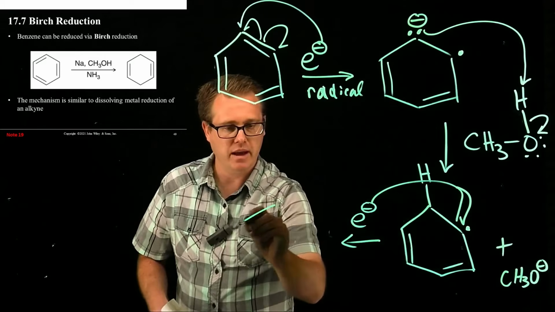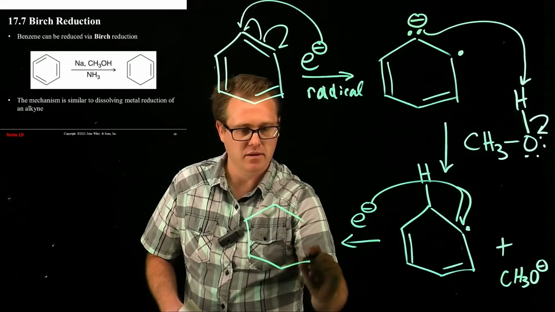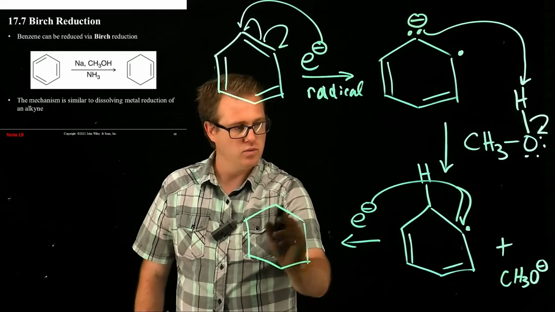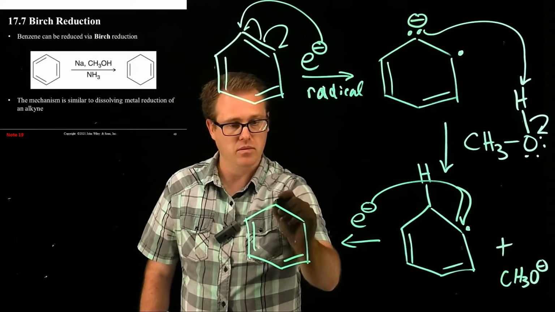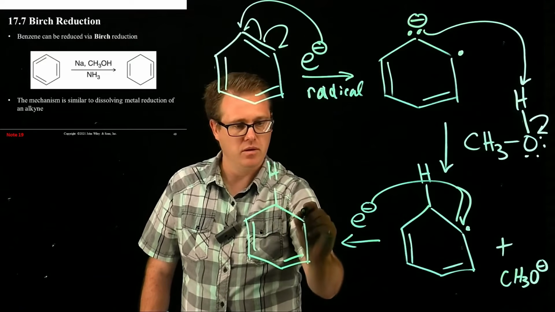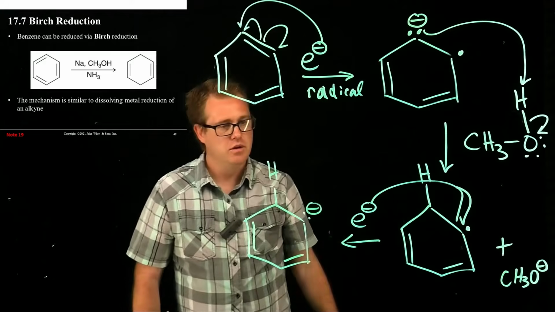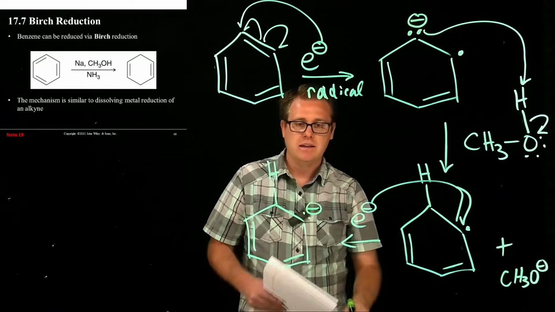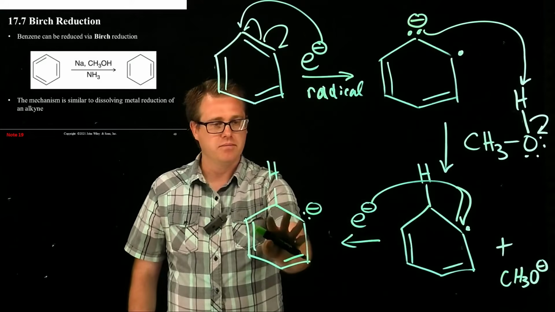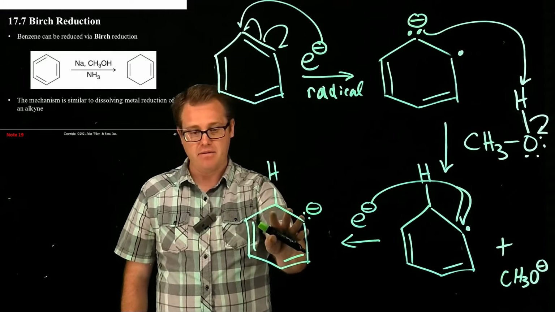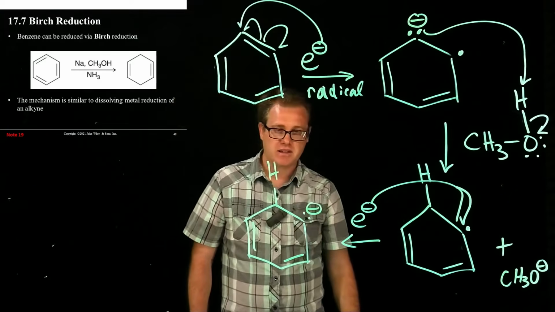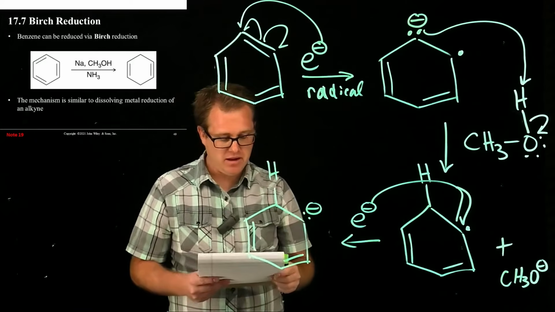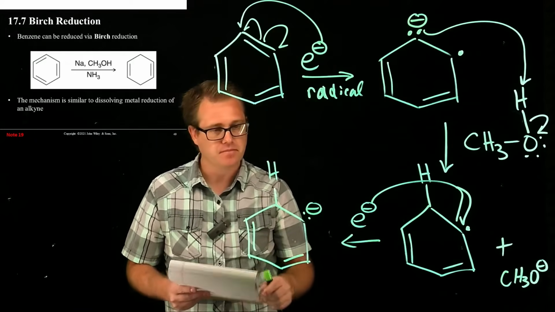So that's going to then give us a negatively charged carbon right there. Now, this right here can have 3 resonance structures that I want you to pay close attention to, okay?